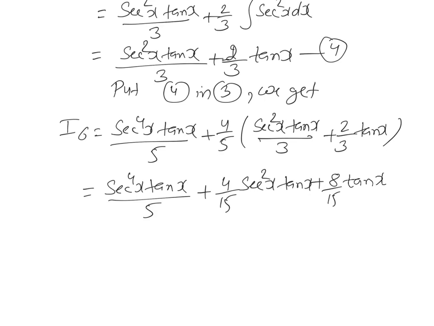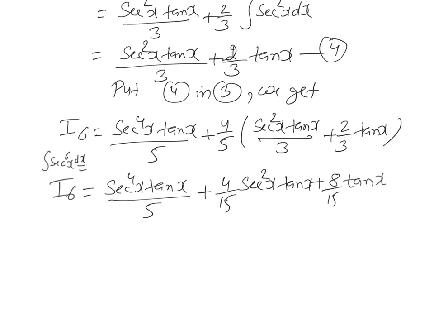So this is the required value of I6, and I6 was equal to integral secant x raised to the power 6 dx. So therefore we have to find out the value of secant raised to the power 6.